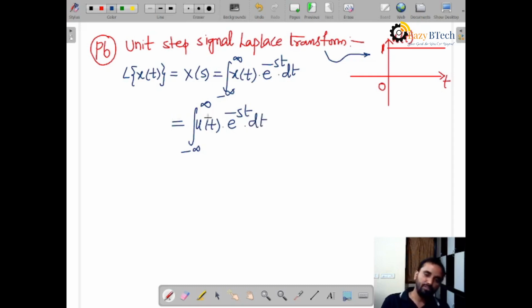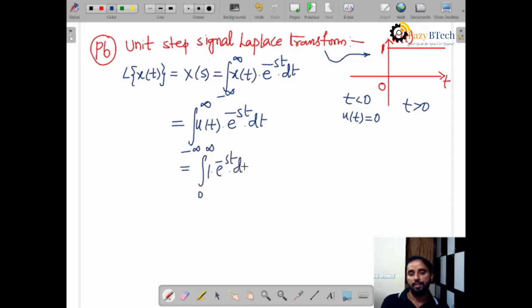Here if you observe, u of t is 1 for t greater than 0, and for t less than 0, u of t is 0. Because of that definition, the limits are now 0 to infinite only, and u of t value is 1, so 1 into e power minus st dt.